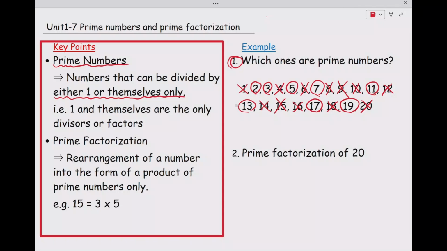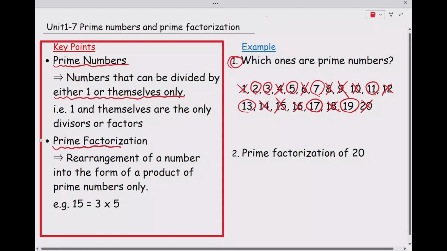Then, let's move on to prime factorization. Prime factorization is the rearrangement of a number into the form of multiplications, or a product, of prime numbers only. Let's take a look at what it means.